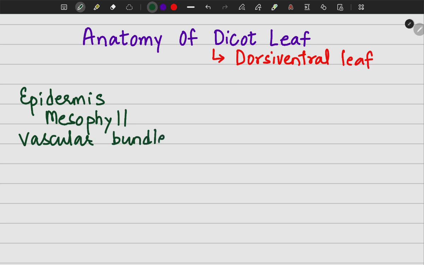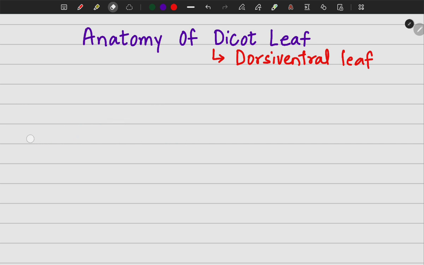We will be studying primarily these three parts when we talk about the anatomy of dicot or even monocot leaf. If we take the vertical section, these three parts will be visible: epidermis, mesophyll and vascular bundle. Now let us understand the anatomy with the help of the diagram. We will start with the dicot leaf first.